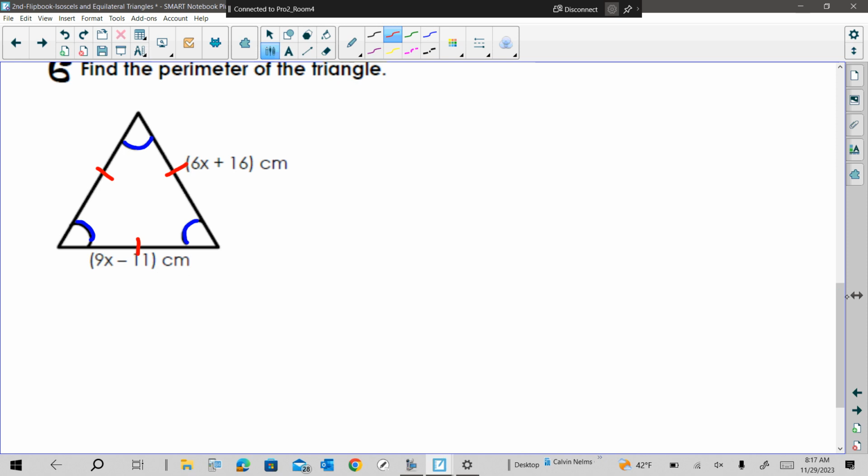What do we know? We have 3 congruent sides, guys. Yeah, that's true. Each angle is 60. But where's the expression? What is the expression?